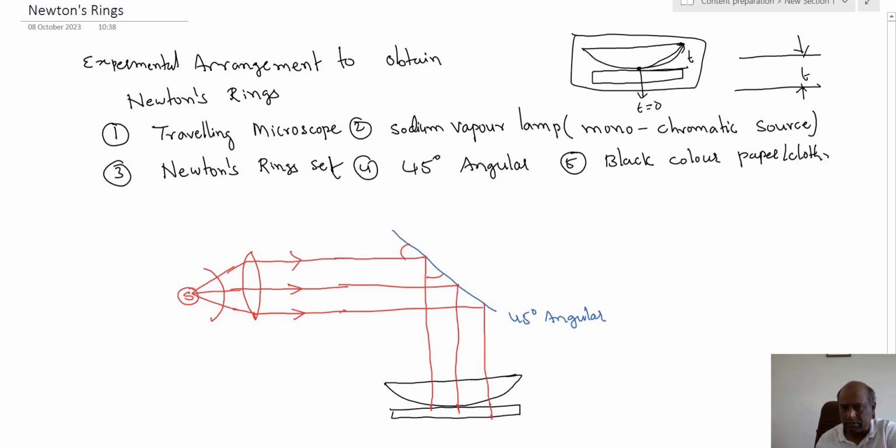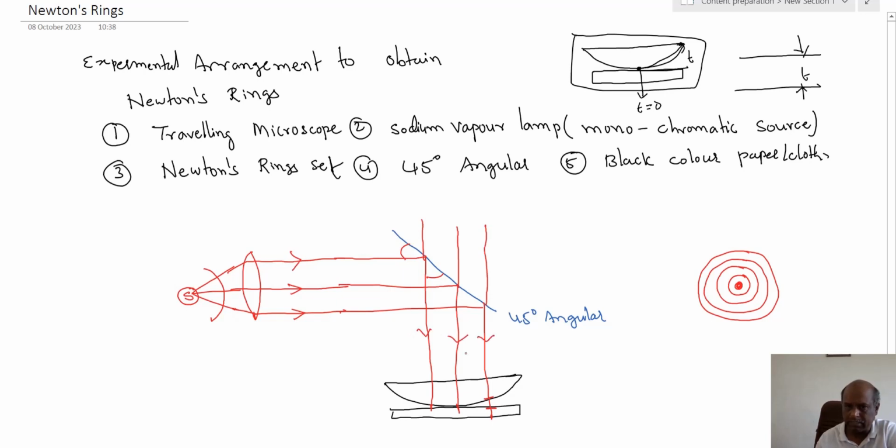And the light from the upper surface and lower surface of this air film will undergo interference, and we are going to form concentric bright and dark Newton's rings. These rings can be observed through our microscope.